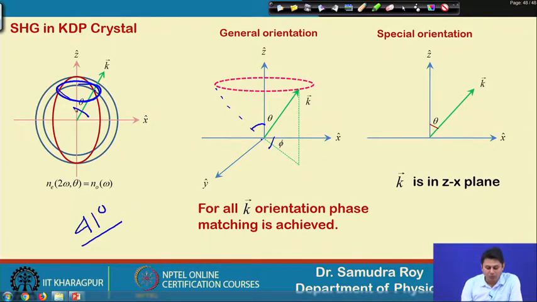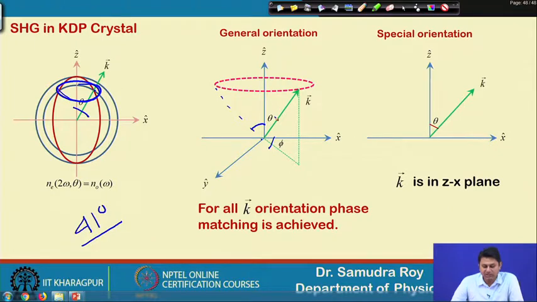So, all the points over this circle, the magnitude of the k is the same, and the direction is changing because my azimuthal angle is changing, but interestingly the phase matching angle, which is theta here, is not changing. That means for all orientations, the phase matching condition is valid.